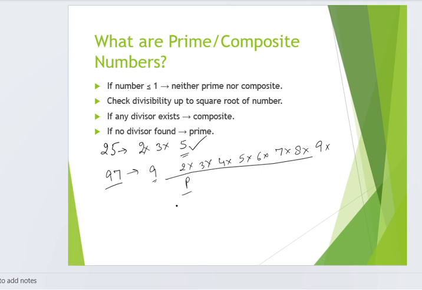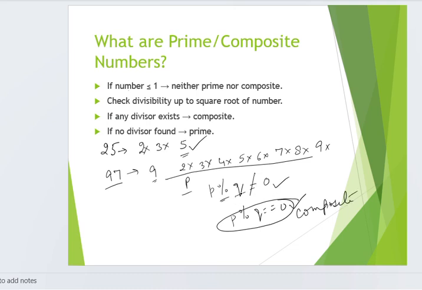Am I clear? Now, how do we find out a factor? If we divide P by Q and take the modulus, and it is not coming 0, it means Q is not a factor of P, or P is not divisible by Q. In other words, if P modulus Q equals 0, this condition being true makes it a composite number.